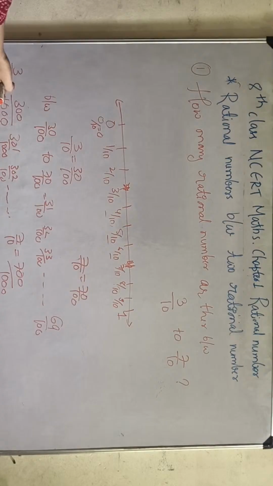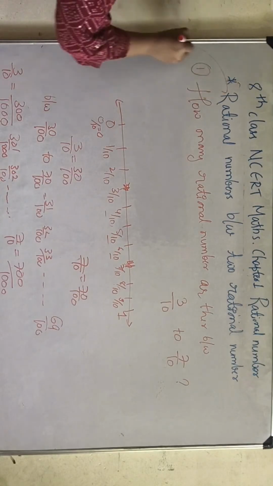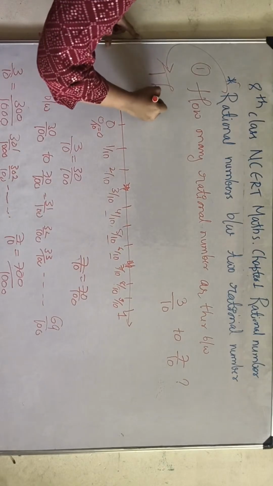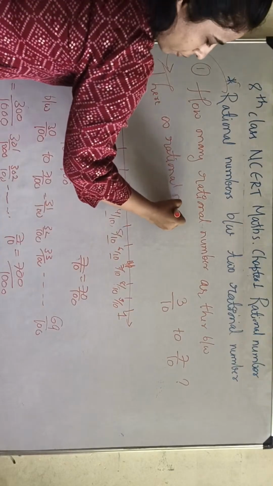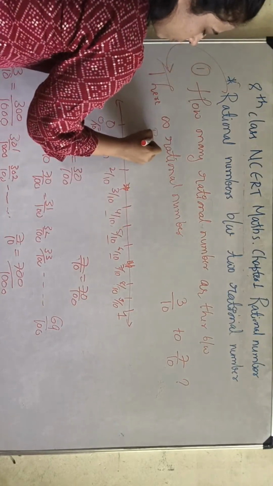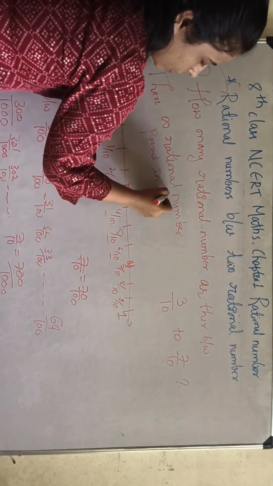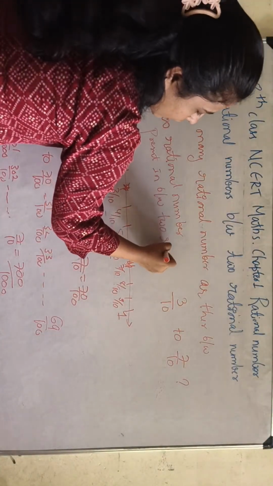See, if I write one more zero, one more zero, one more zero, then what will happen? Is it possible to count the rational numbers in between the two rational numbers? How many rational numbers are there? No, right? So what is the conclusion for this? There are infinite rational numbers present in between two rational numbers.